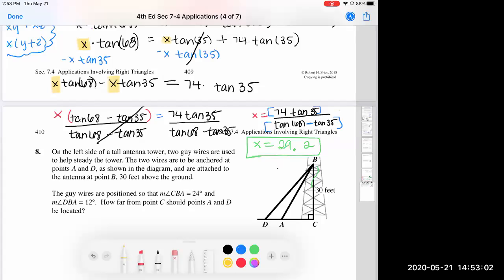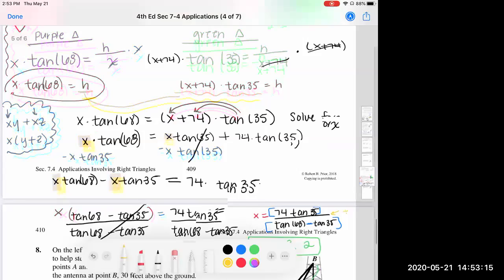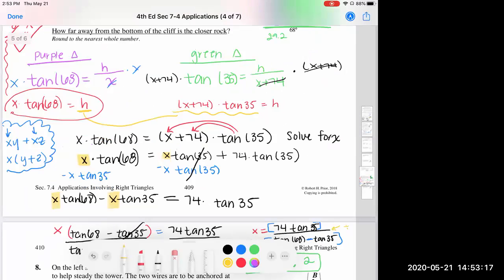I'm going to punch in, this is a division sign. Yeah, still not getting that.